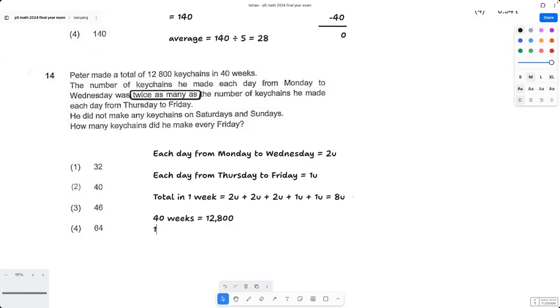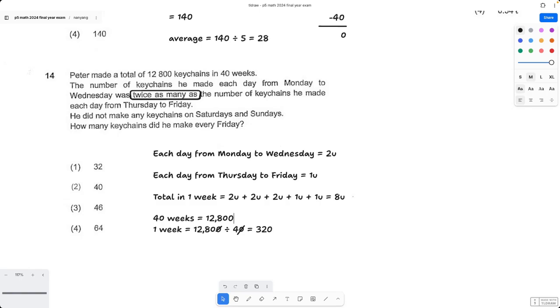So 1 week is equal to 12,800 divided by 40, so we can cancel the zeros. Cancel 0, and then cancel 0 as well. So 1280 divided by 4 will give us 320.